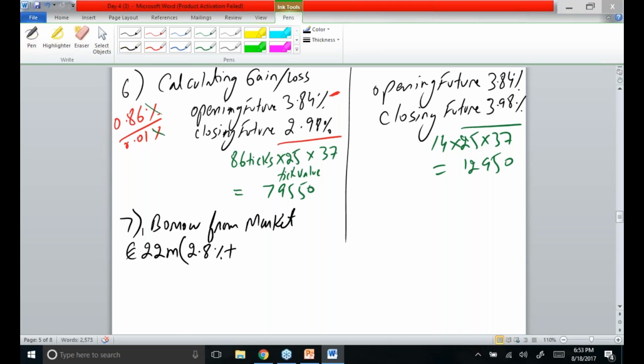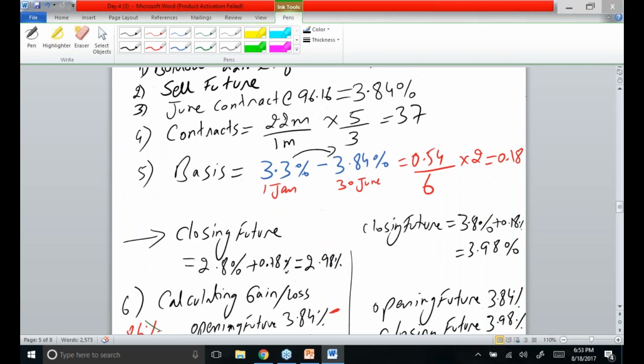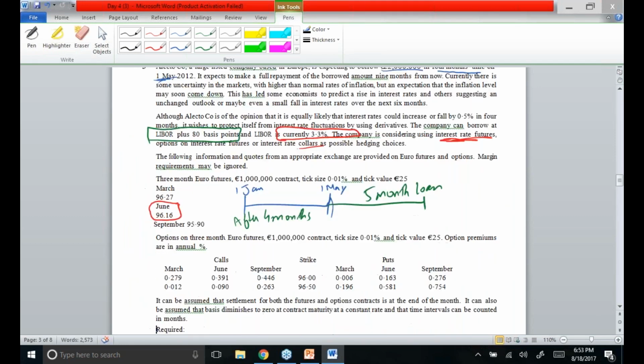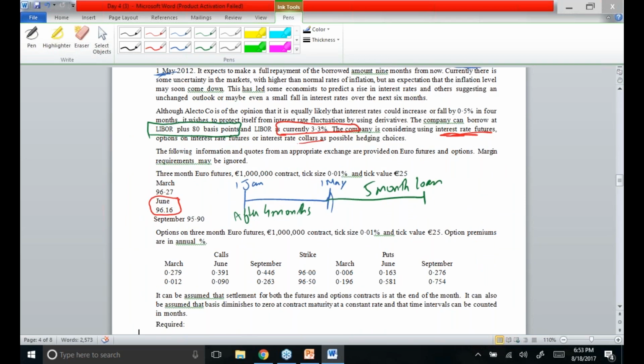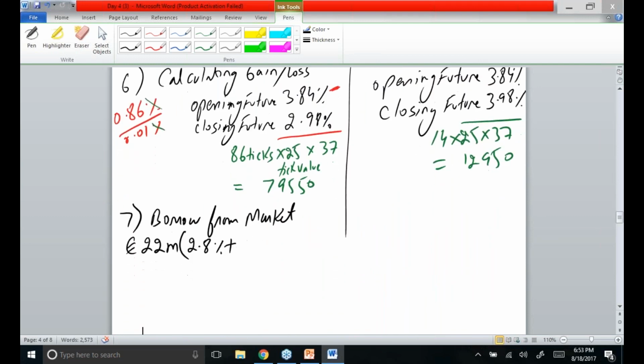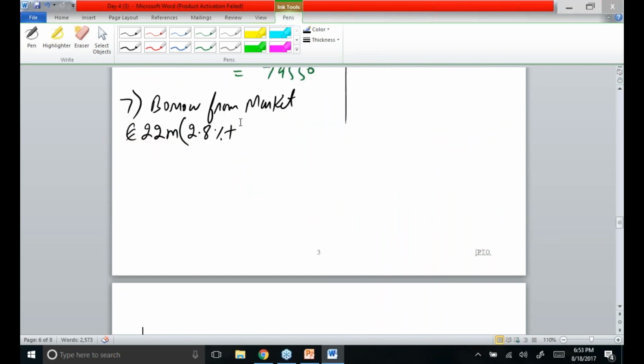Plus, you will take loan at LIBOR plus 80 basis points. So in the last step, you will include the spread. And obviously you will borrow for 5 months.